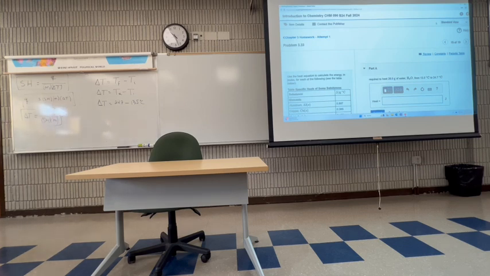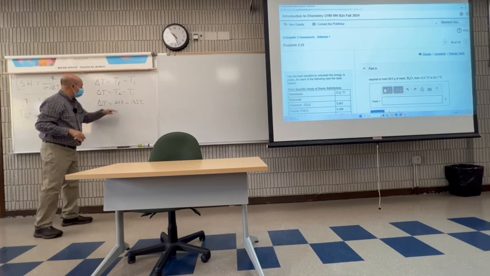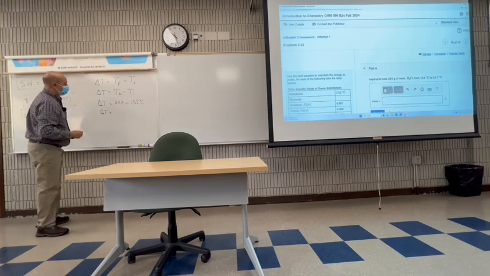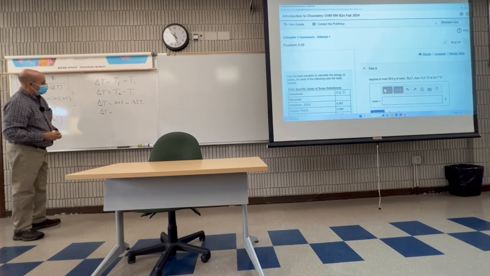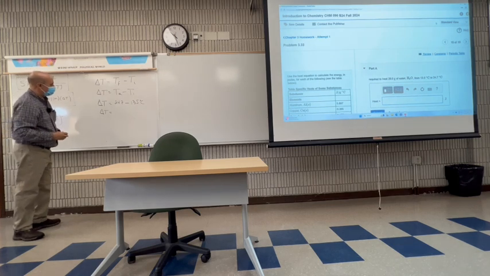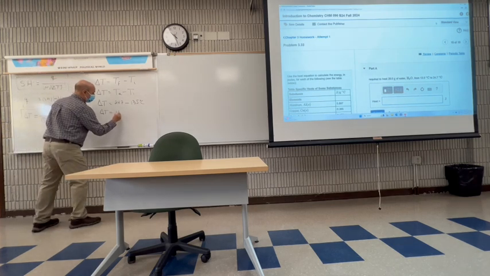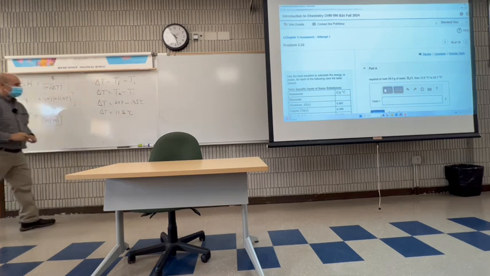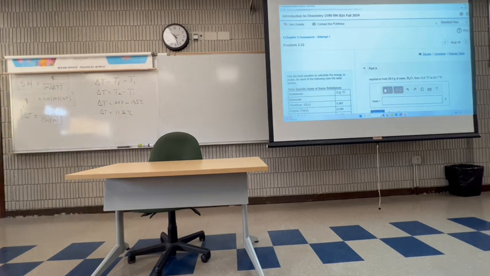Remember we were cooling down somebody? So that's why we got a delta T that was negative, because we were going from high to low. Here going from low to high. So delta T equals whatever that is, 11.2 maybe? Please correct my math. It is correct? Okay.